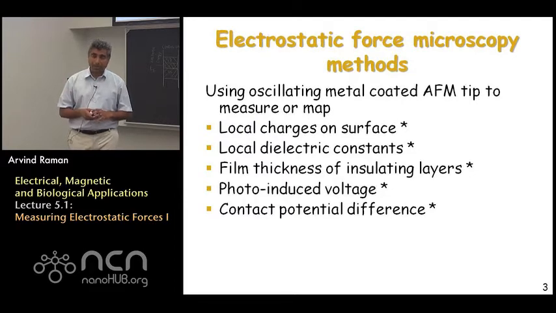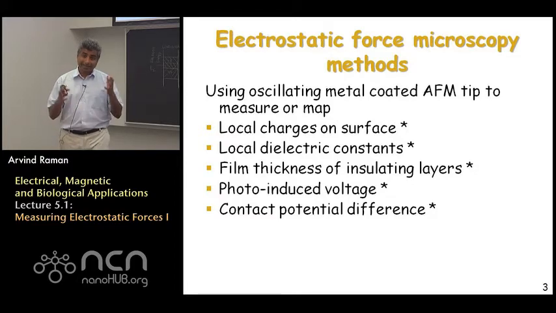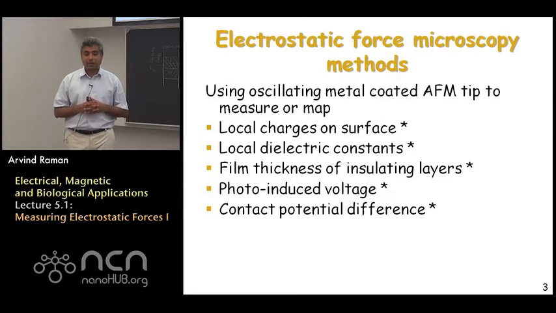We're going to start with electrostatic force microscopy methods, which is an umbrella term, really, where one uses conducting AFM tips, whether they're metal-coated or they're highly doped semiconductors.